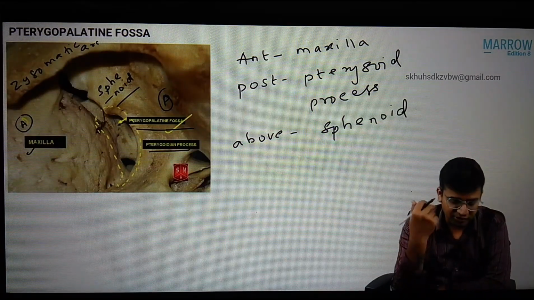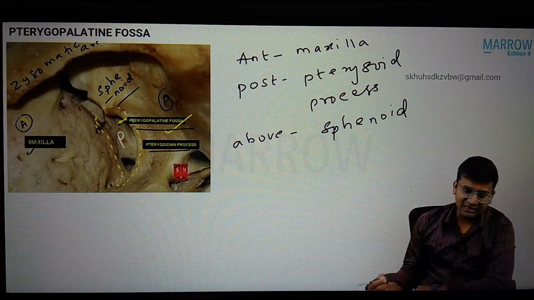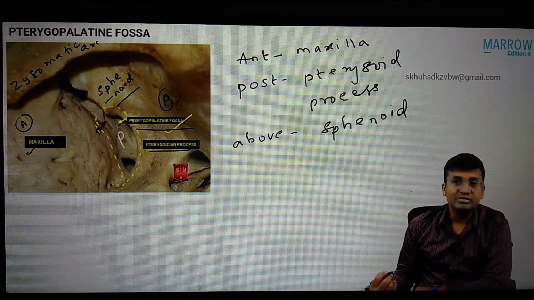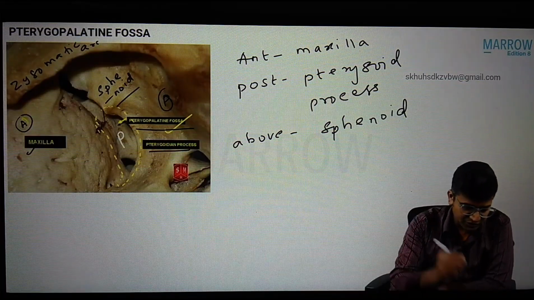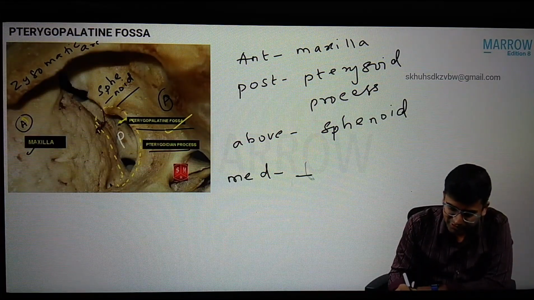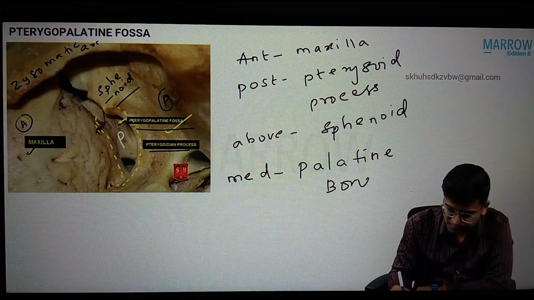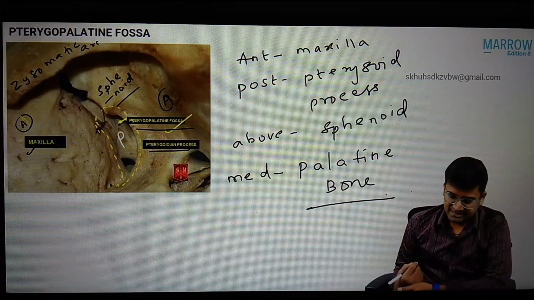Now, what is the medial boundary? Medial boundary, see this bone. I am marking this bone as P. There is a palatine bone. So medially, we have the perpendicular plate of the palatine bone. Okay, right.